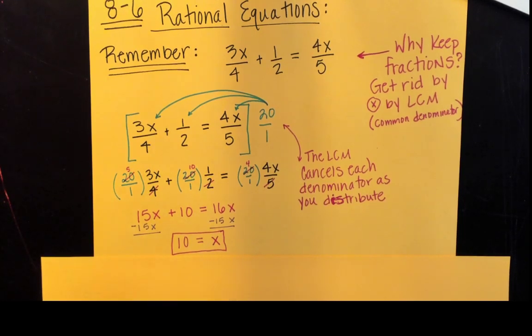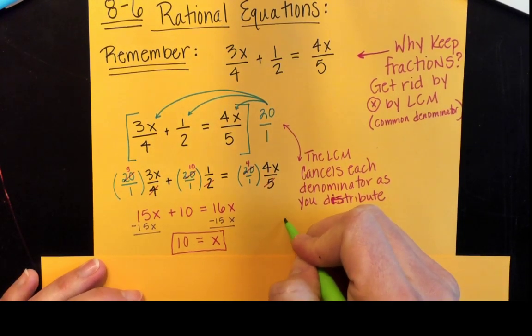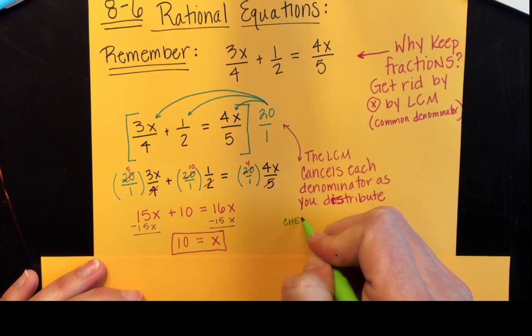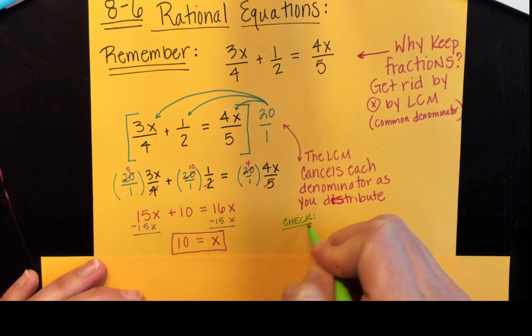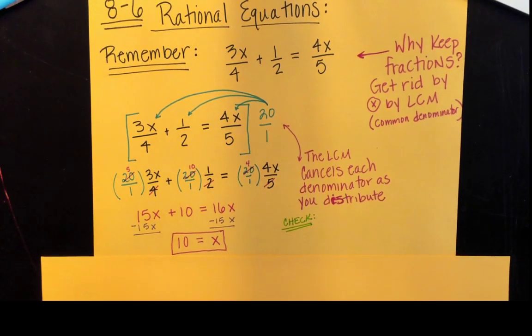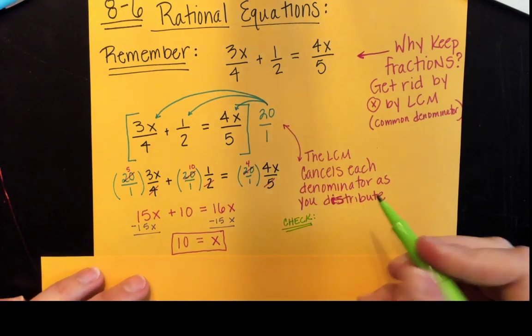Now the catch is after you go through all that, you need to make sure that you actually go back and check. Check to make sure that this is what it's supposed to be, because now that we've done all this work, we have to make sure that it actually still works in the problem.